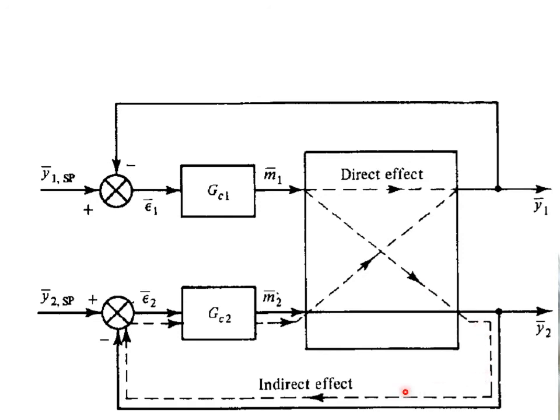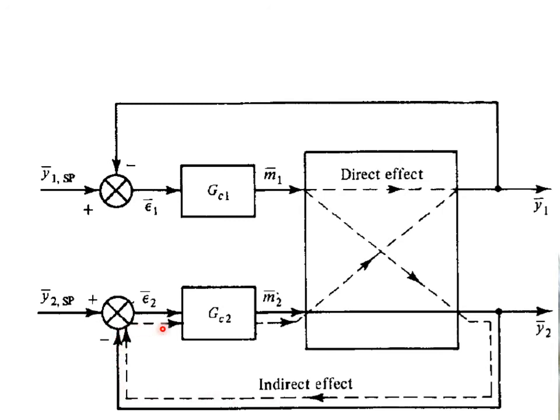The lower loop, after getting disturbed by the upper loop, tends to bring itself back to the original point, and this M2 is changing, which is again affecting the upper loop. So this upper loop is getting affected directly through this route, and indirectly, as you can see over here, through the dotted lines through this loop.